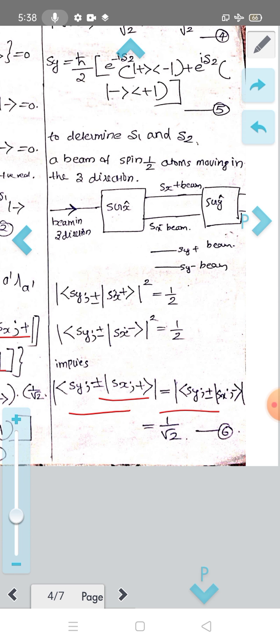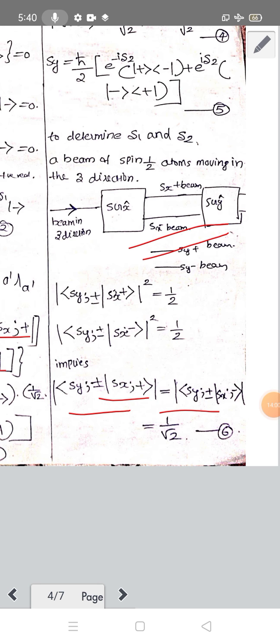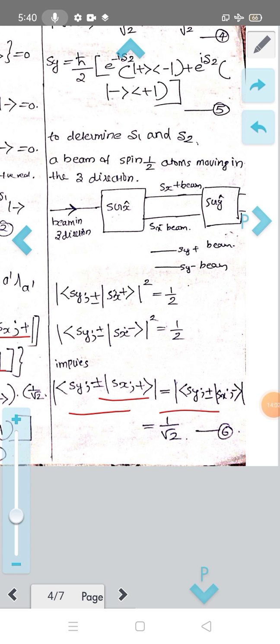Which implies invariance of the physical system under rotations. That is, in this apparatus, the Sx plus or Sx minus is rotated into Sy plus or minus, and they are equal.